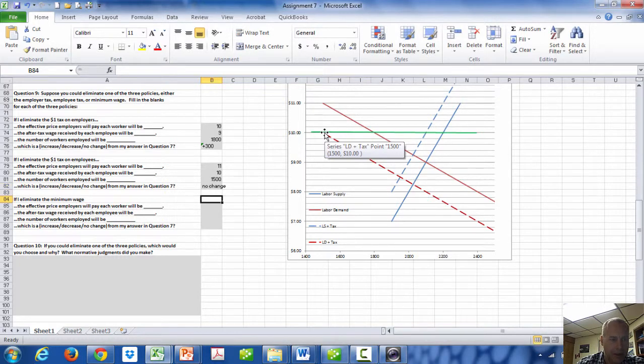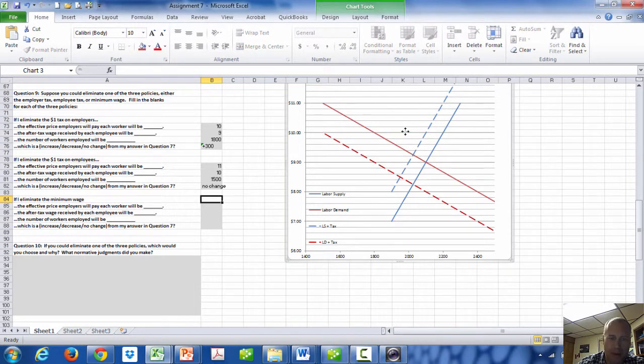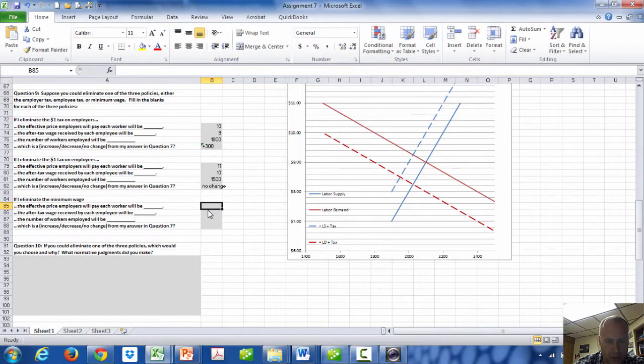Okay, so now what happens instead if we eliminate the minimum wage? If we can get rid of the minimum wage policy, what do we see? Well, here, the effective price the employers will pay each worker will be what we said before, $9.50. This is just the answers from our equilibrium in questions 7 and 8 before. So this is going to be $9.50 paid by employers. The after-tax wage received by each employee will be $7.50, the $8.50 wage offer minus the dollar employee tax.